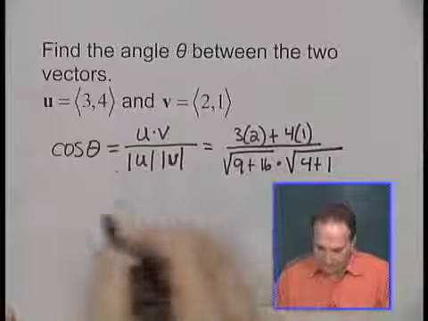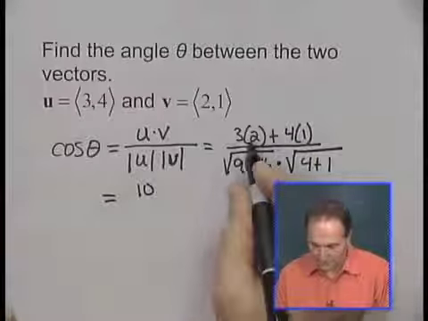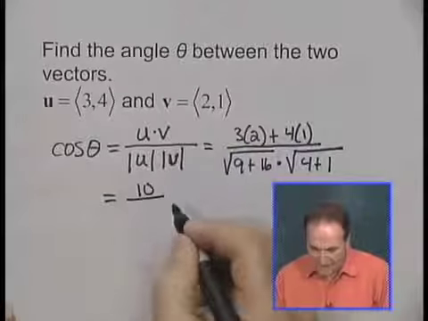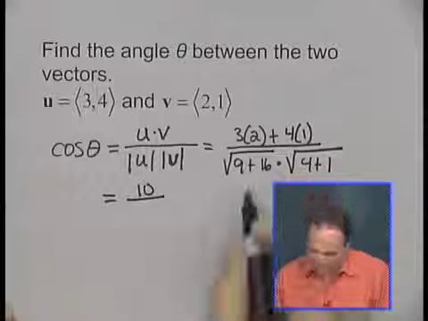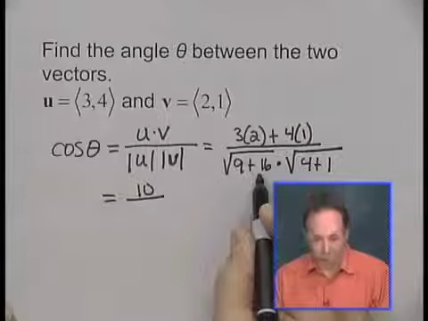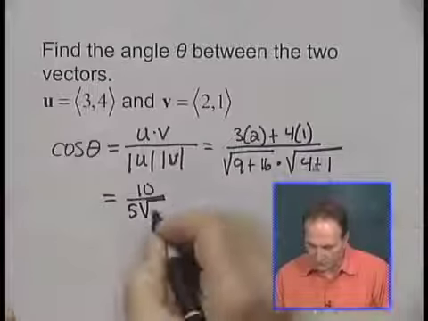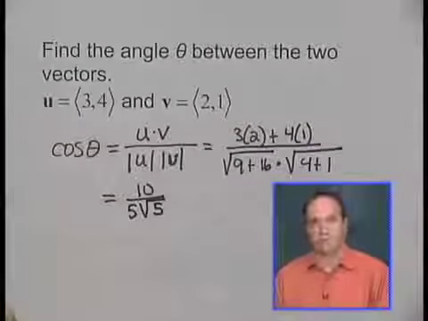Simplifying that, it's equal to 10 on the top, 6 plus 4. And in the denominator, it turns out this is the square root of 25, which is 5, times the square root of 5, 4 plus 1.